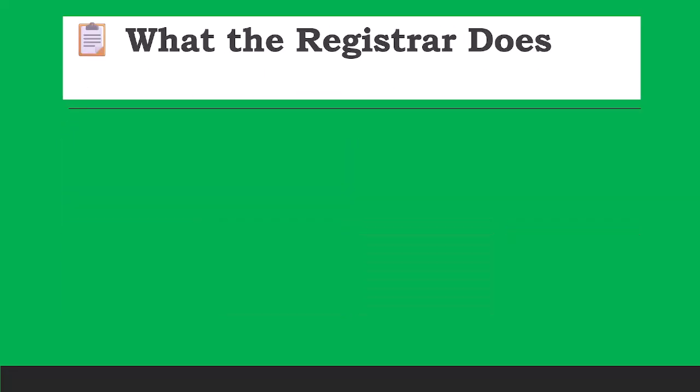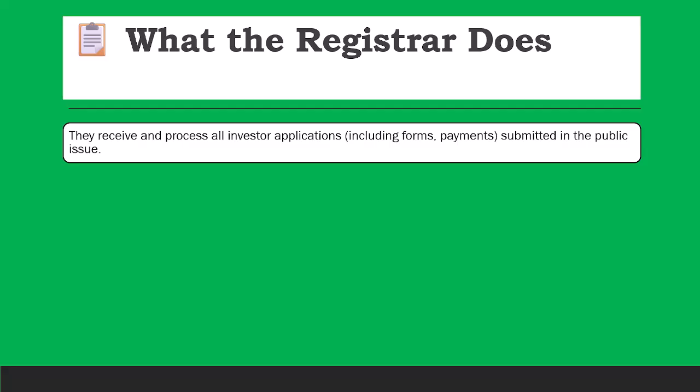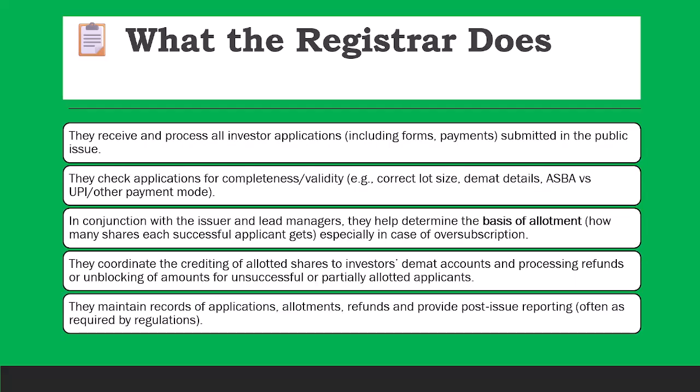Now we must understand what the registrar does. Just read this. What the registrar does: they receive and process all investor applications, including forms and payments submitted in the public issue. They check applications for completeness or validity, for example correct lot size, DMAT details, ASBA versus UPI or other payment mode.